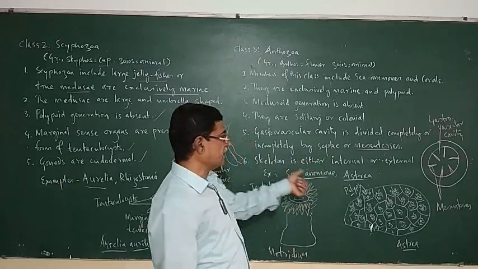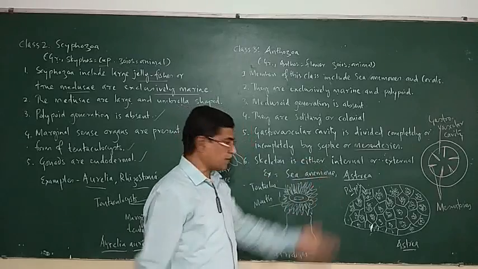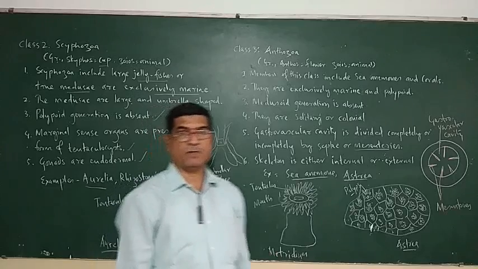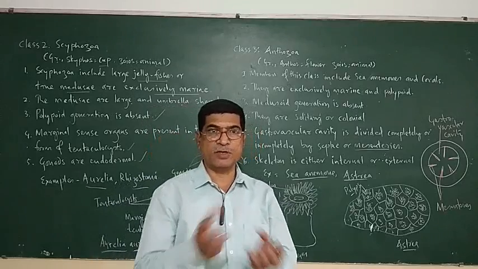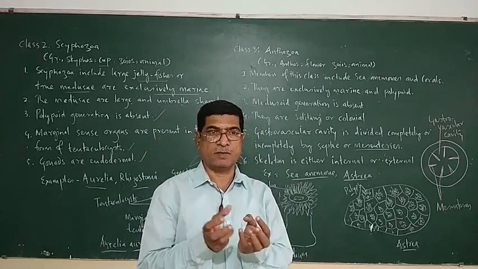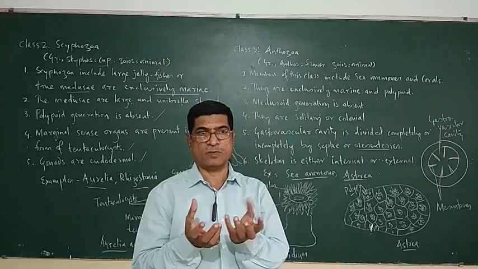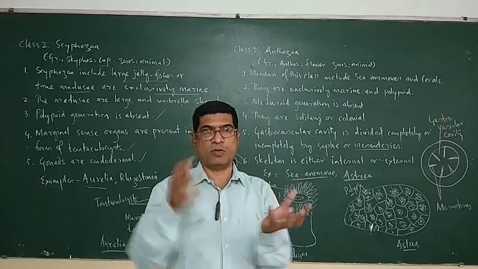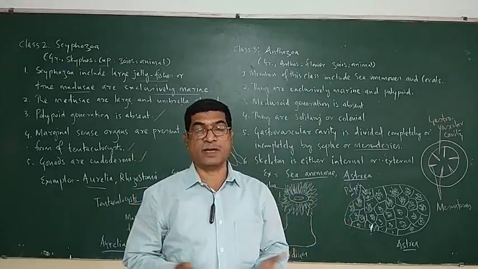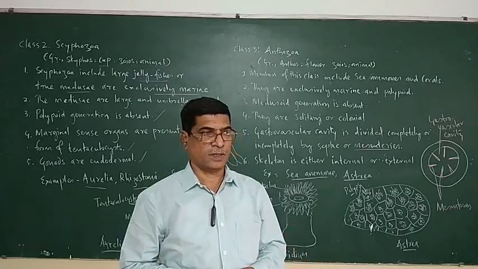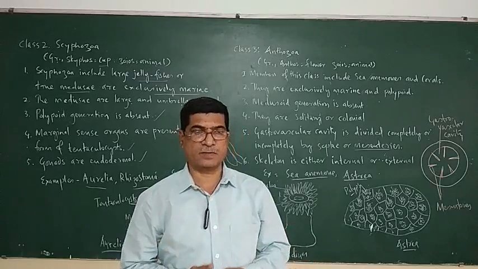The skeleton is either internal or external, made up of calcium carbonate. Deposition of calcium carbonate makes stone-like structures. These stones are heaped one above the other to form coral reefs. These corals are used in preparing ornaments.